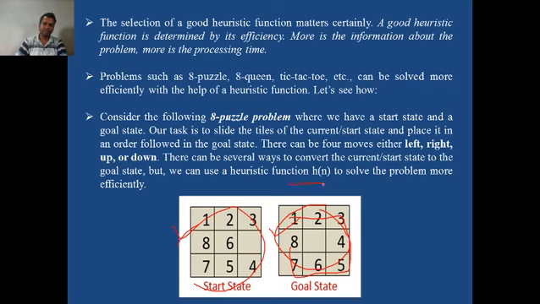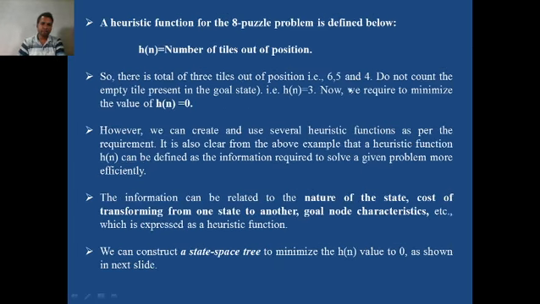The heuristic function can be defined in a number of ways. For this particular problem, let us say h of n is the number of tiles out of position, which are not at their actual position as per the goal state. This h of n can also be defined in some other manner, for example the number of tiles in the correct position.